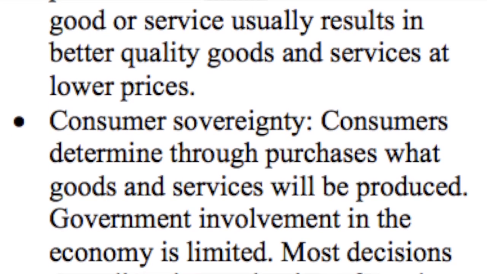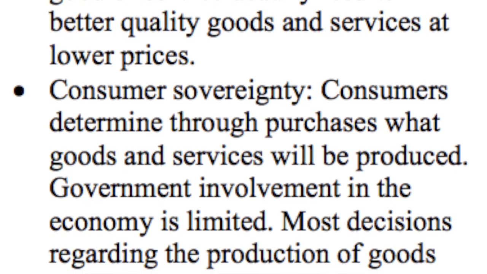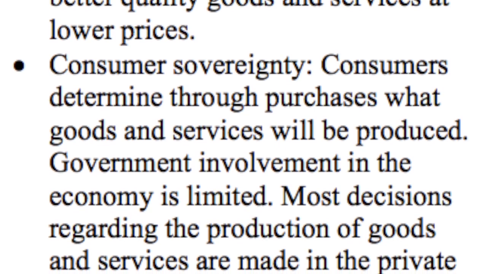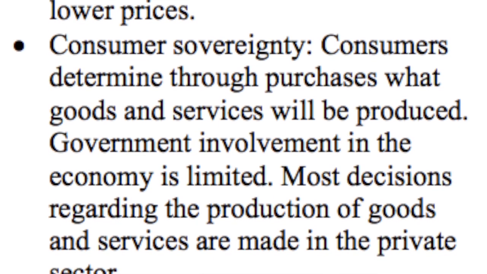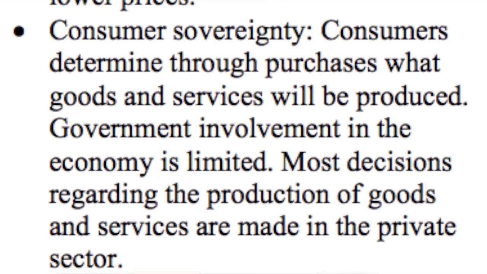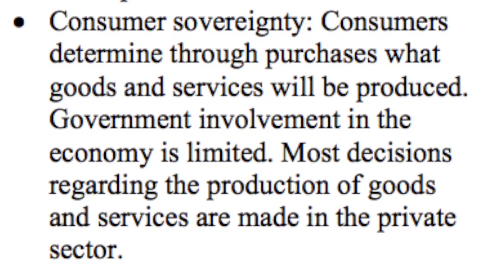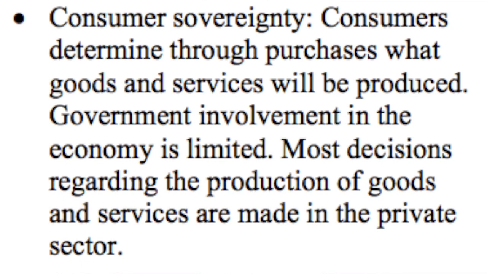And the last characteristic is consumer sovereignty, which pretty much means that consumers determine through purchases what goods and services will be produced, and government involvement in the economy is limited. Most decisions regarding the production of goods and services are made in the private sector.